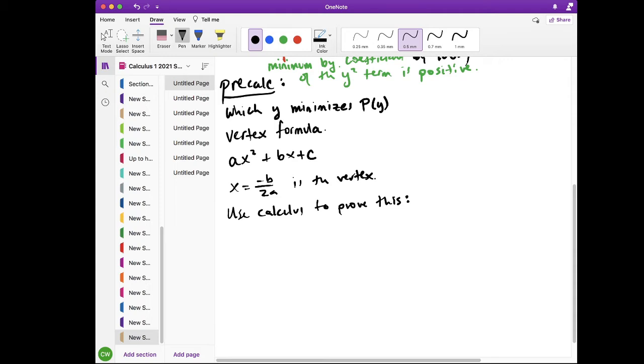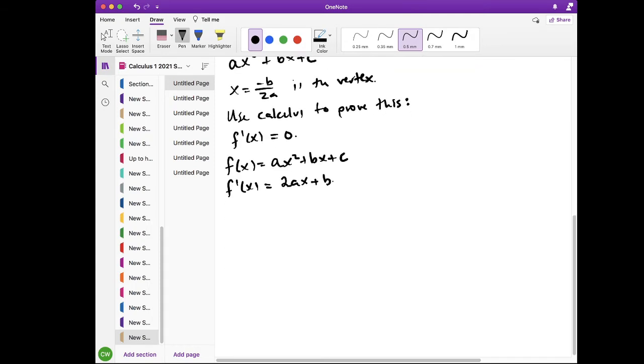So if we find the derivative and set it equal to 0, let's do that. f of x equals ax squared plus bx plus c. f prime of x is equal to 2ax plus b. Set equal to 0, we have 0 is equal to 2ax plus b, and negative b over 2a is equal to x.